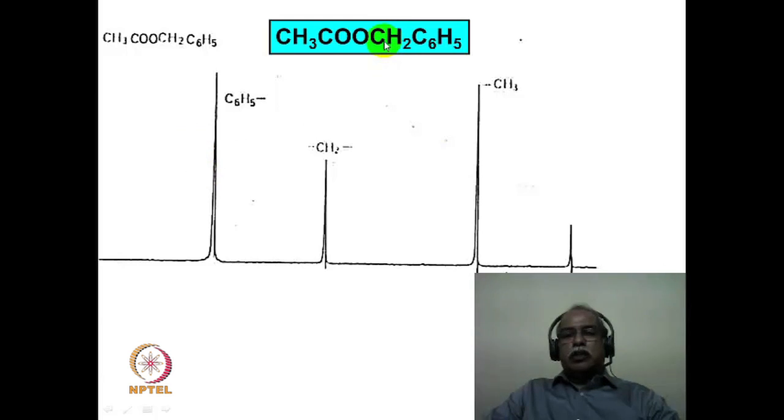However, the CH2 group is not a strongly perturbing group. It is not a strongly electron donating or electron withdrawing group. It is only a carbon based substituent and does not have much of an electronic influence on the phenyl derivative. As a result, the ortho, meta and para hydrogens accidentally come in the same chemical shift region, appearing as what seems to be a singlet for the phenyl derivative.